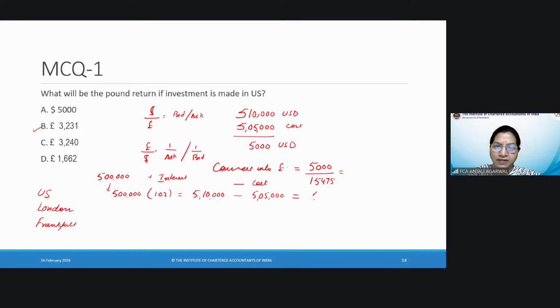So you end up getting only $5,000 net, which when converted into pounds gives 3231 pounds as the returns. So return from investment in US dollar is 3231 pounds.